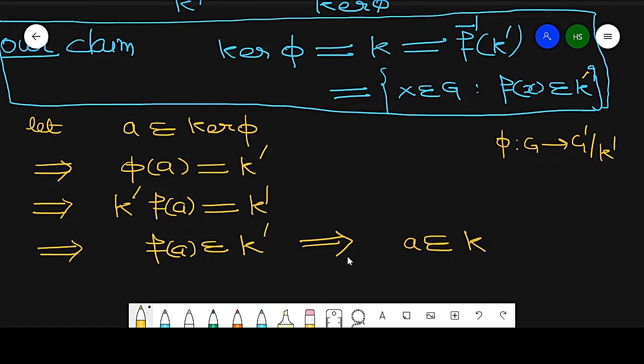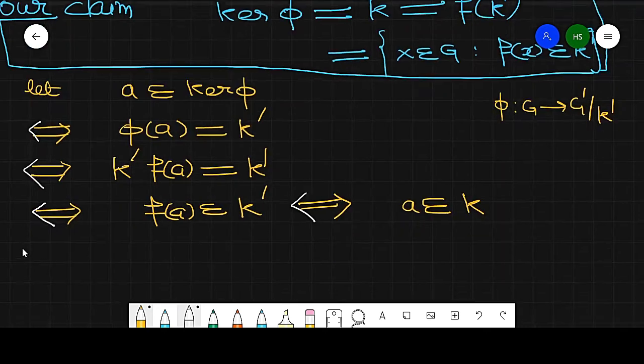Now again, if we reverse this part, if A belongs to K, it implies f of A belongs to K dash, it implies it satisfies this condition, it implies phi of A equal to K dash, it implies A belongs to kernel of phi. So in the reverse process, it satisfies the same condition.